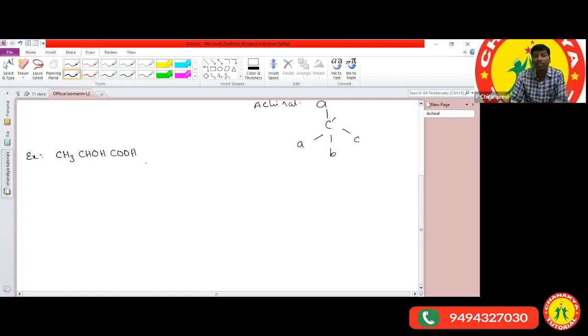What is the IUPAC name of this compound? Any one of you? Samhita, Sai Akshit, Anjan, anyone of you? What is the IUPAC name of the given compound?